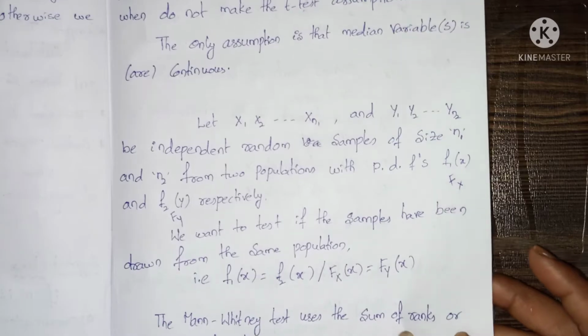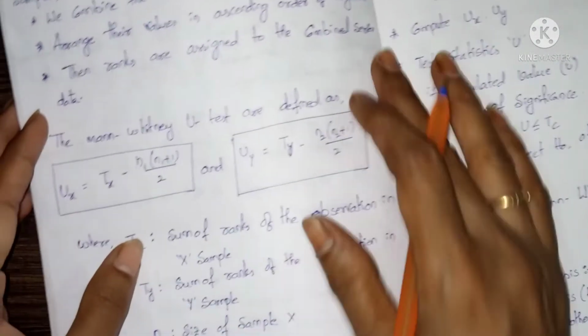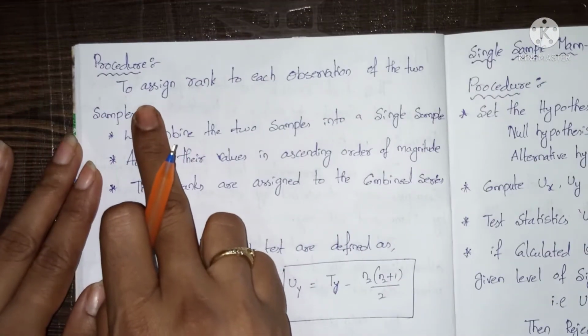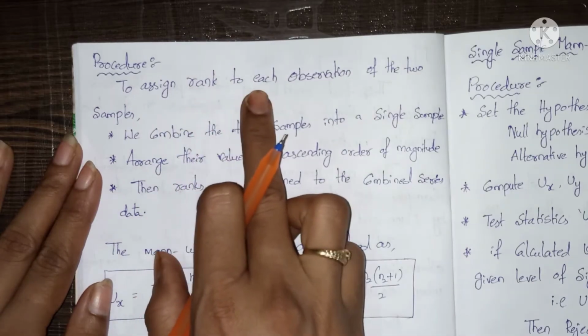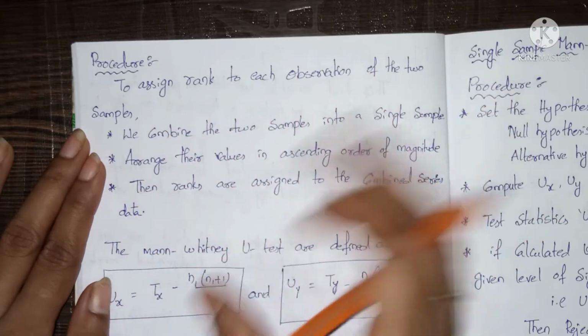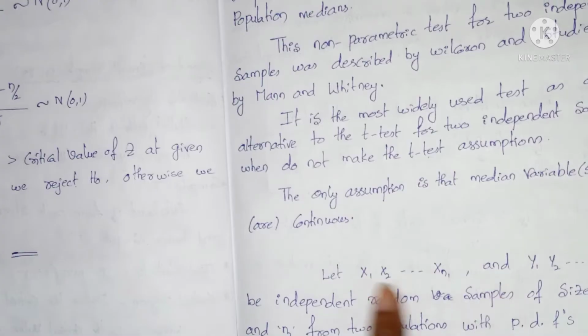Now we'll see what this technique, sum of ranks, means. See, the procedure for sum of ranks: to assign ranks to each observation of the two samples, first we have to take the two samples, because here we have declared two samples.